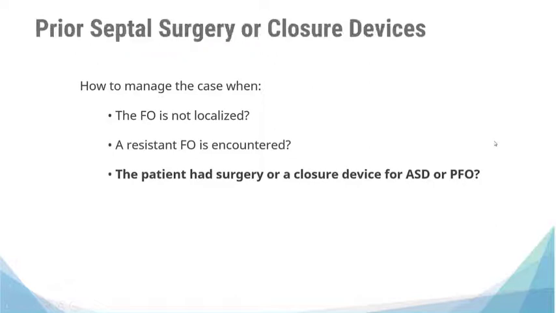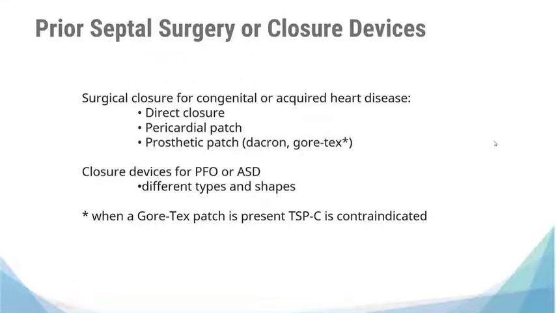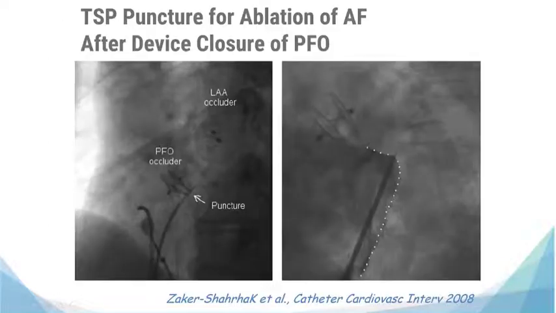Then what happens if we have a closure device? Usually there is no problem with the atrial septal defect as being closed by the surgeon, but then there could be problem when we have an occluder. So in these cases, our ability to reach the left atrium very much depends on the size of the occluder and on the position of the occluder.